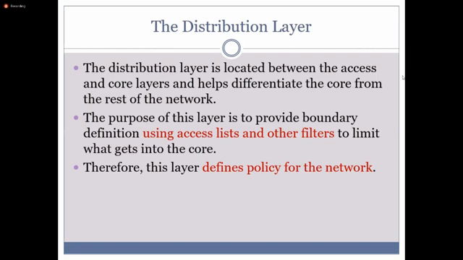So that layer is based on policies. It uses access lists and other filters to limit what gets into the core. So when the traffic comes from the access layer, in the distribution layer they have access lists and different types of filtering policies. So they will filter the traffic and send it to the core layer. Therefore, this layer defines policy for the network.